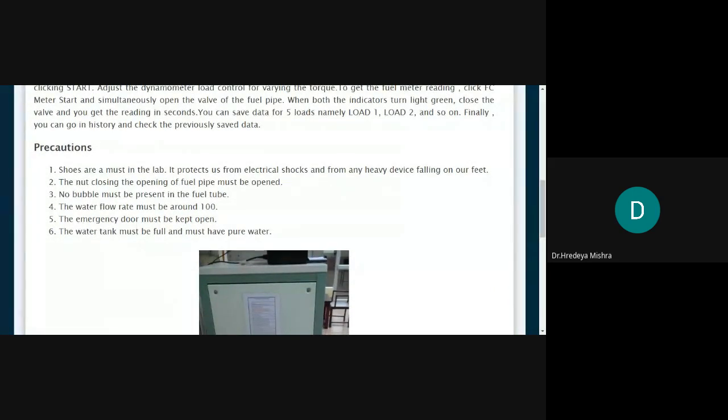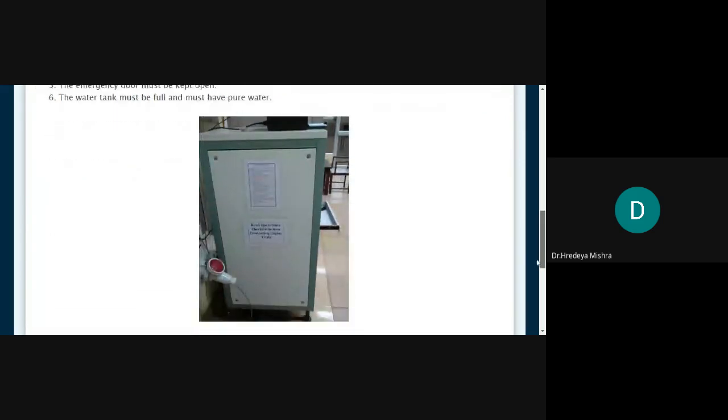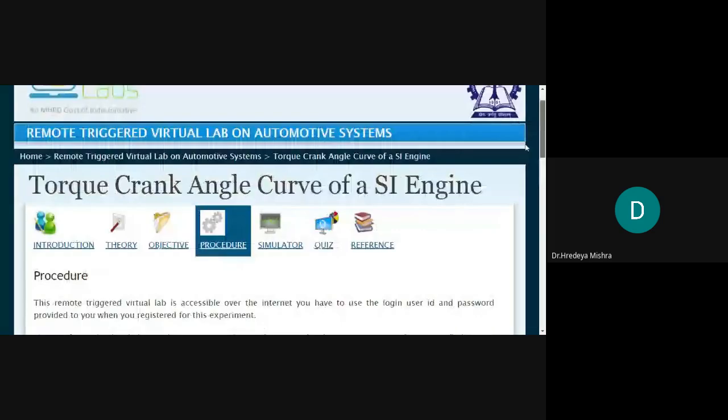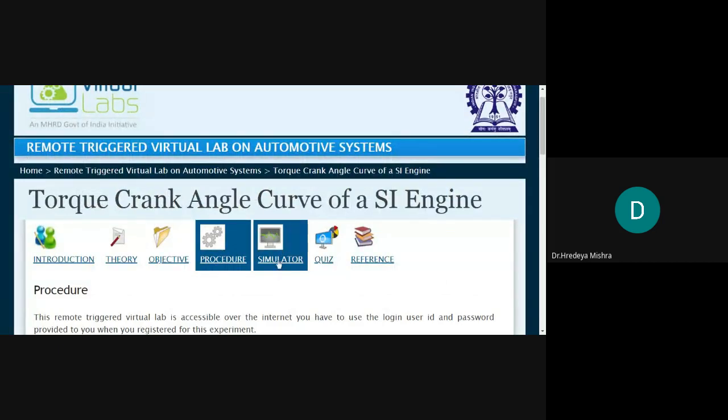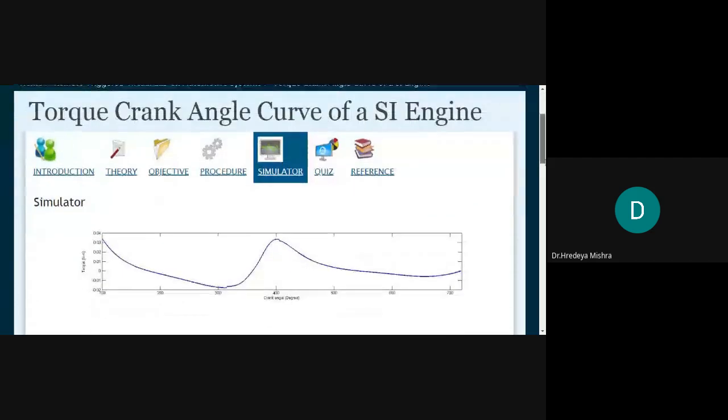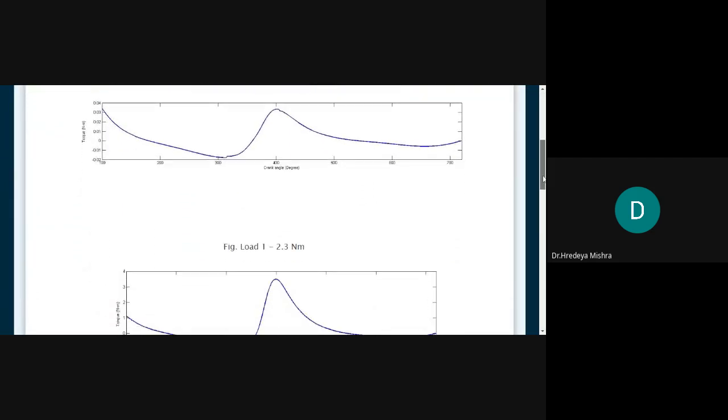Shoes are a must. These are the precautions for the laboratory. So no need to go through it here, we just go to the simulator and you can see the diagram, torque in newton meter and crank angle, the diagram between torque and crank angle.